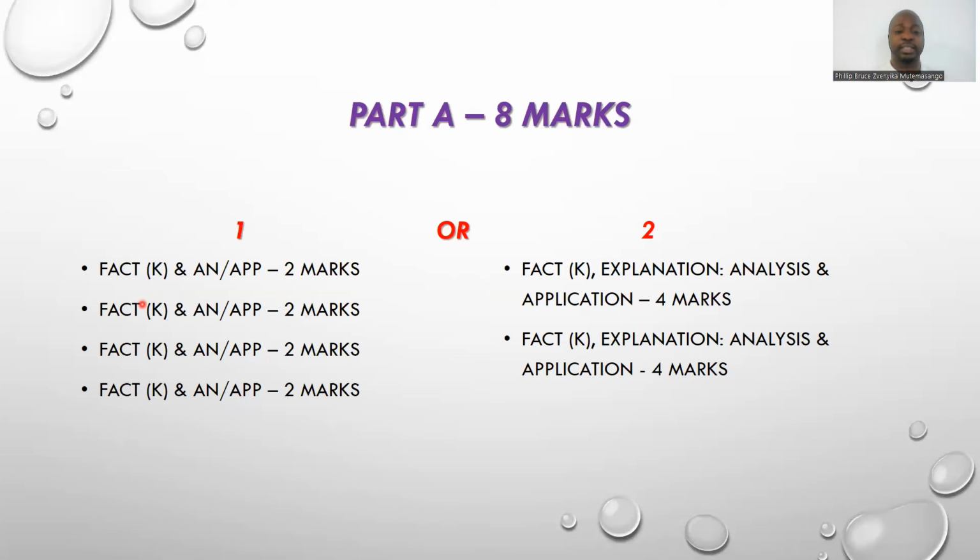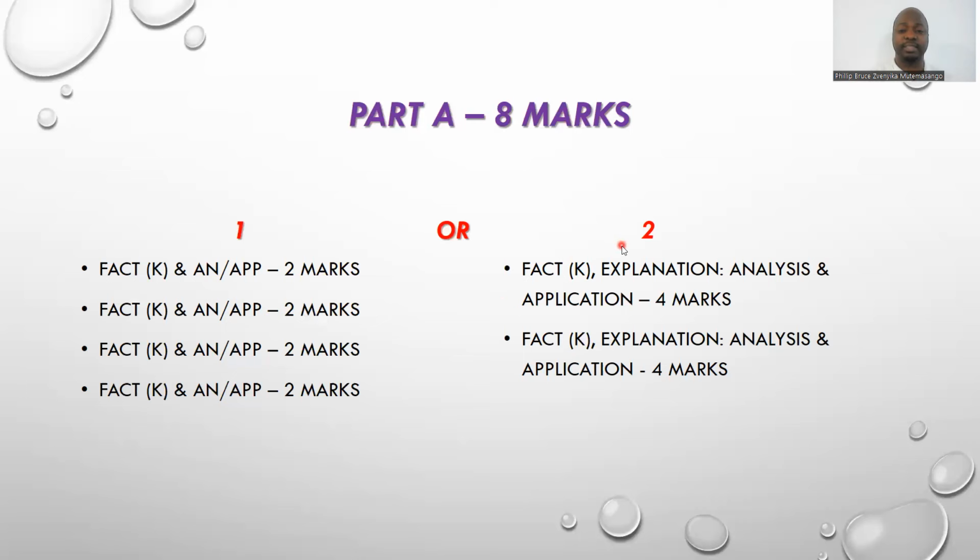So in such a case, you are supposed to write a clear fact, and then you go on to apply it to the scenario at hand for each and every question. So if you write the fact and application, then you're going to get 2 marks times 4 facts that you have applied to the scenario, then you will get 8 marks in total.